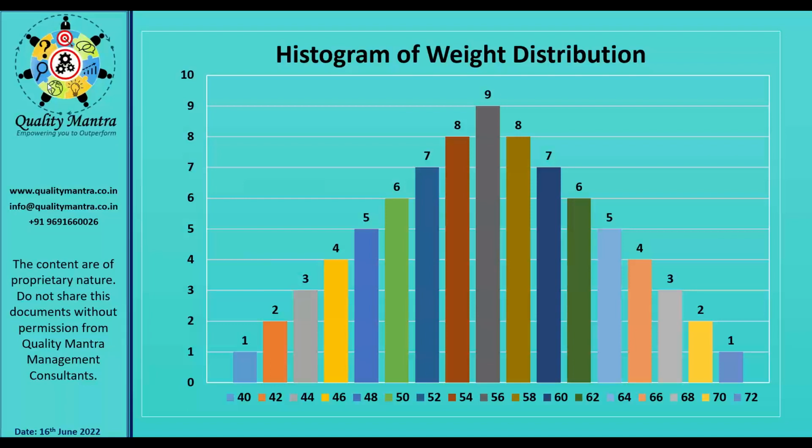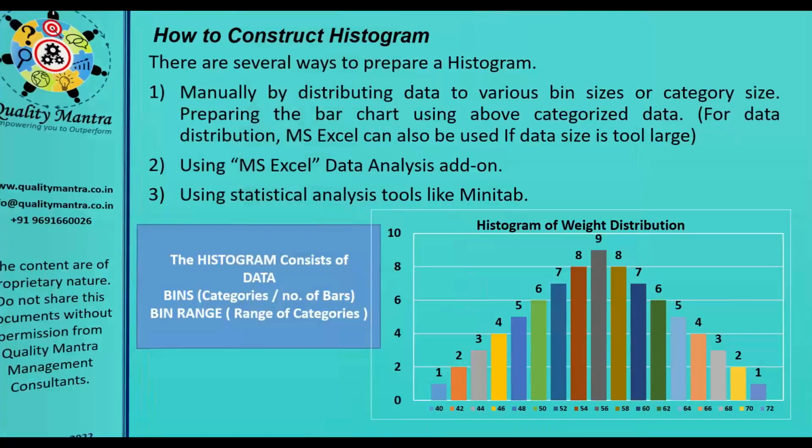And we have seen that when you see the tabulated data, it is very difficult to know where the data is located actually. But when you convert to the histogram, you can easily see at which position, at which value most of the data is segregated or located.